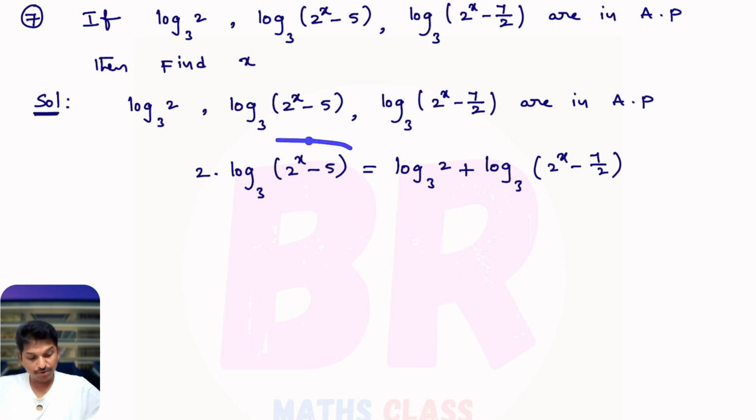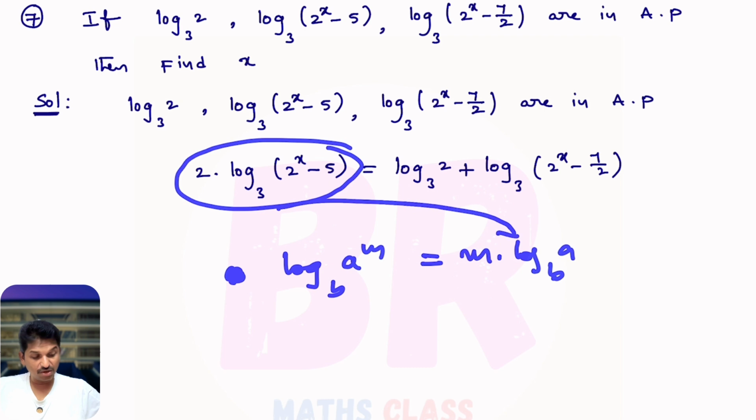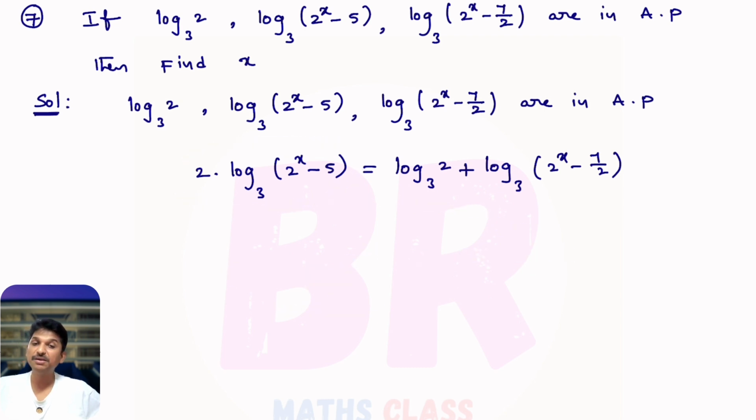You observe this. For this, I'll use this formula: logarithm of a power m base b equals m into log a base b, right? This is like m into log a base b. This can be written as logarithm of a power m base b.